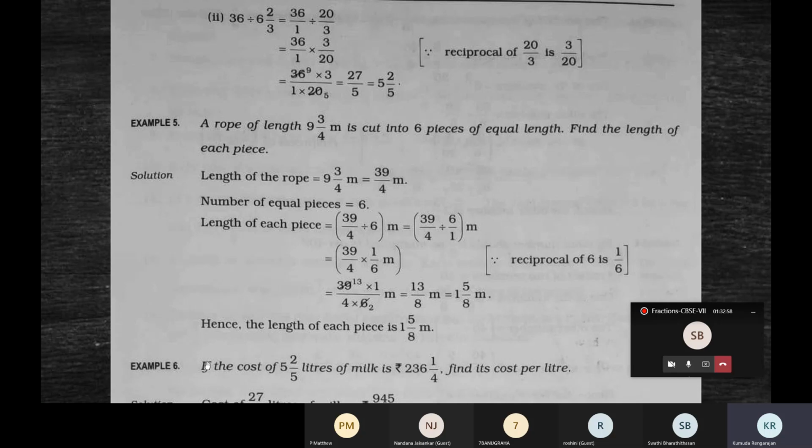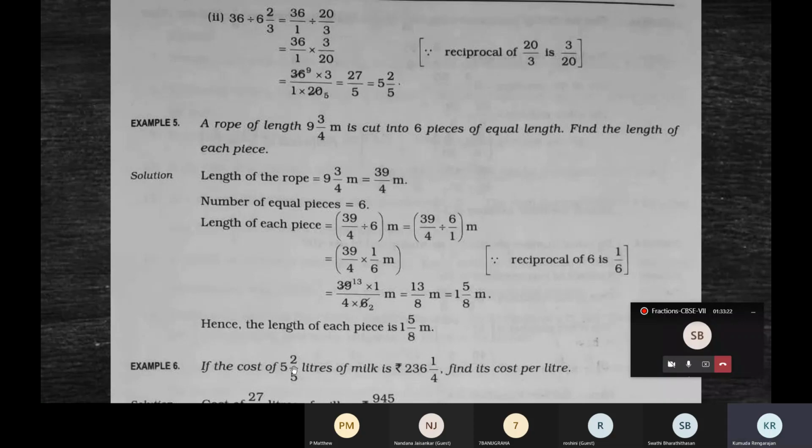Okay, now do this example 6, children. Work example 6. So imagine this is 3 liters and this is 90 rupees. 3 liters of milk, 90 rupees. So which one will you write first? 90 rupees divided by 3.